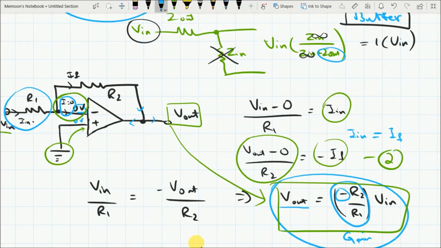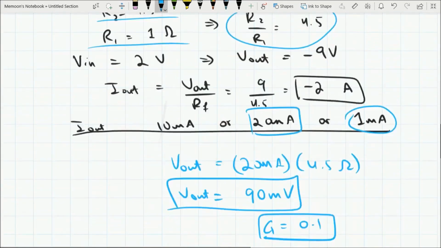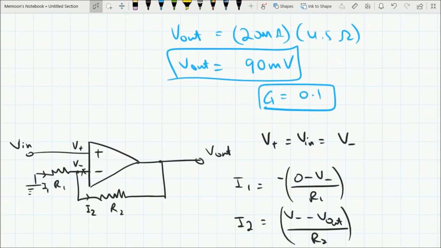Its input impedance, as seen by this input voltage, would be equal to R1. So this configuration will act as a load on your V in, not the op amp, this configuration itself. So that is the second advantage of a non-inverting amplifier, that your input is directly connected to the input terminal of the operational amplifier. No loading effect.